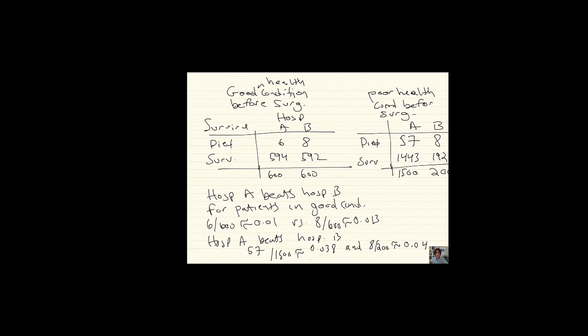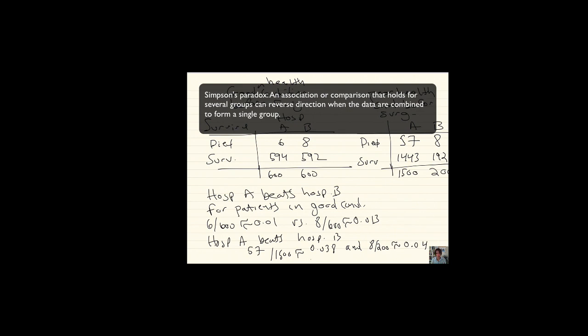It's a reversal of an association. When you split it up depending on their condition before surgery, the association between hospital and survival reverses.